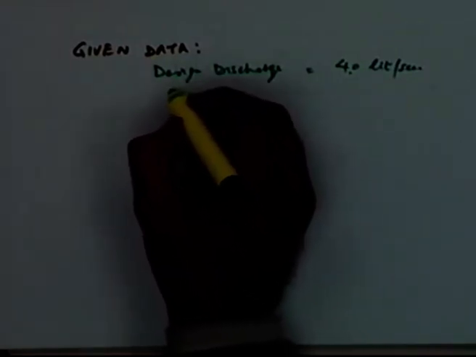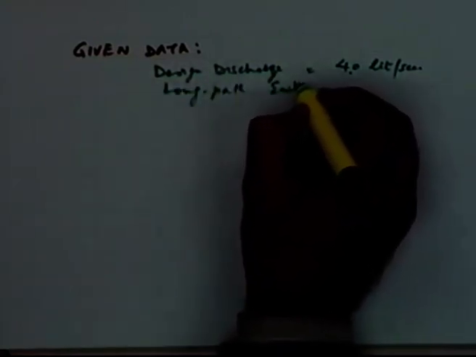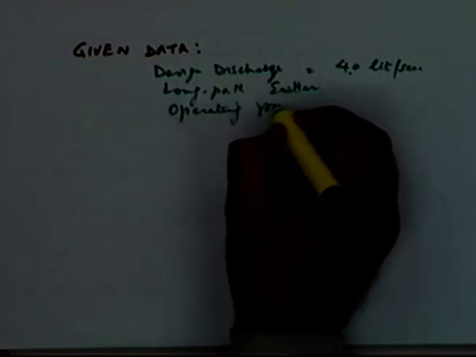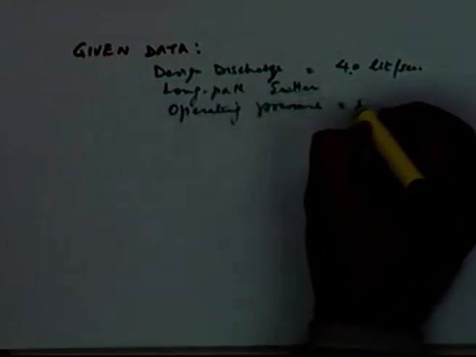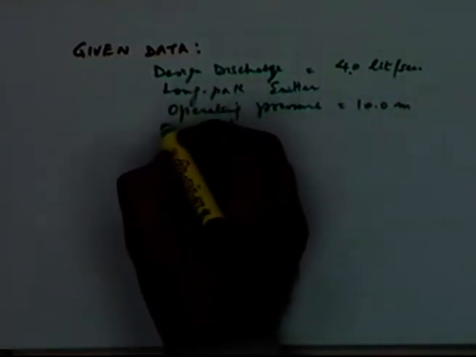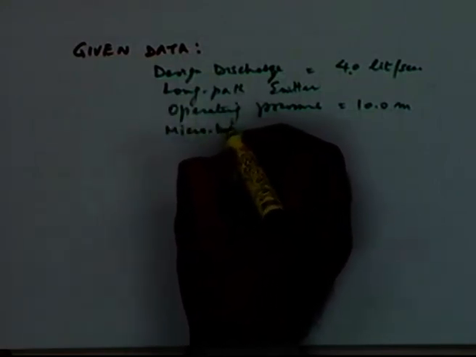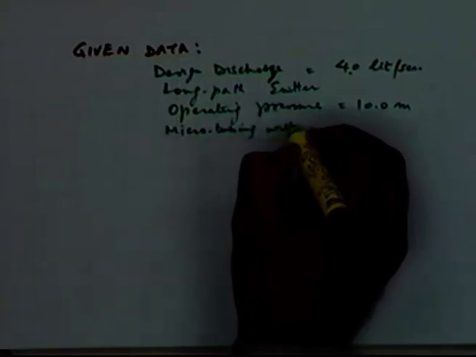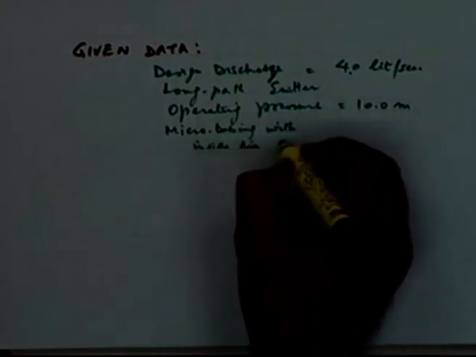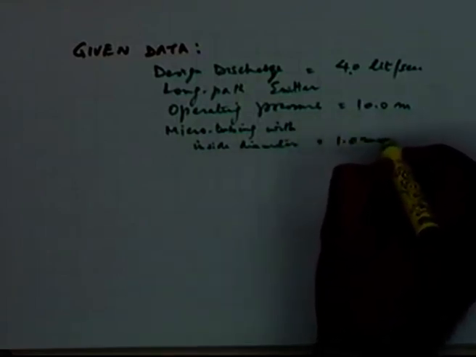The type of emitter to be used is long path emitter, and the operating pressure is 10 meters. You are using a micro tubing which has the inside diameter of 1 millimeter.